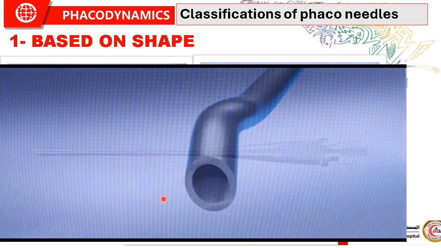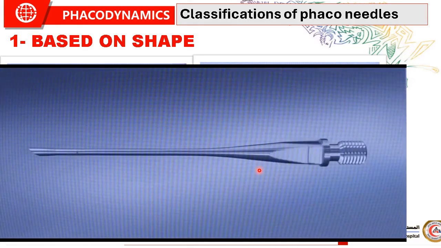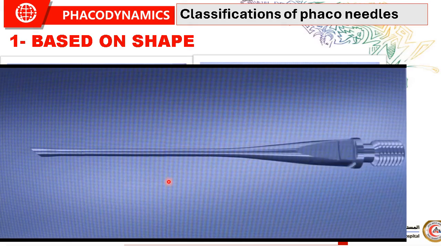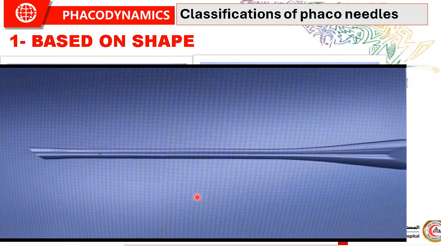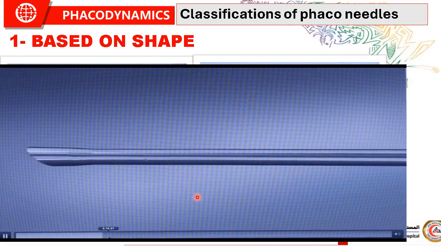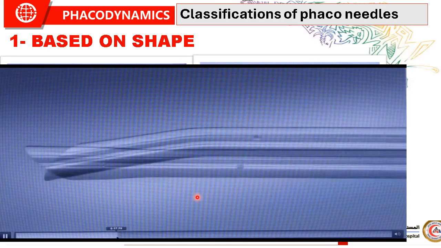Now, in this animation, I will show how these different tips work. For example, this is an ultrasound tip with forward movement with a straight needle. You can see the movement, as well as you will see the balanced tip, how it is transmitting the mechanical energy inside the eye.